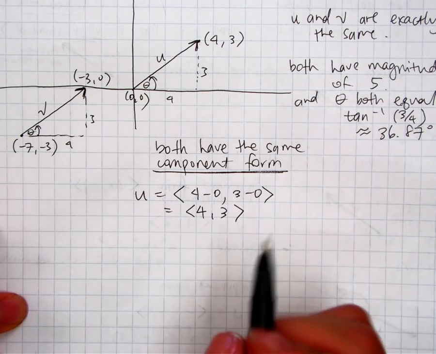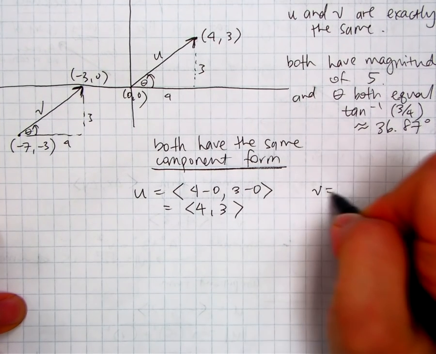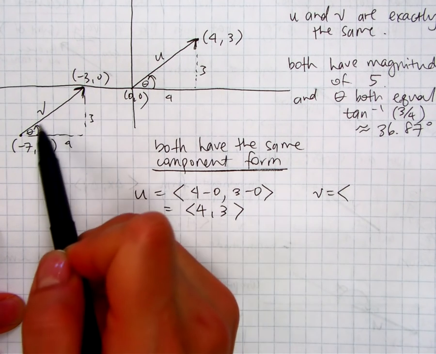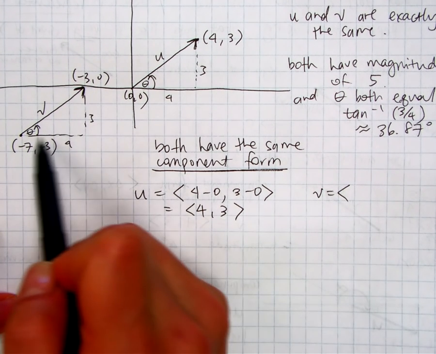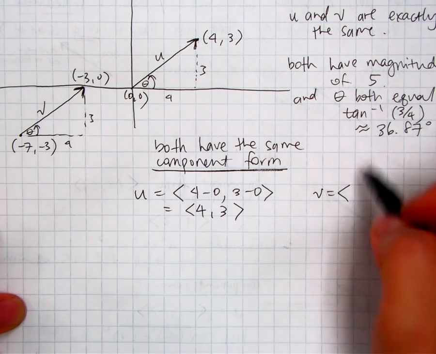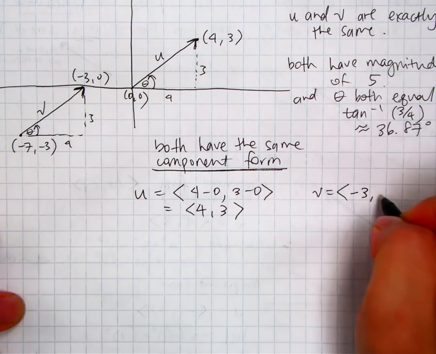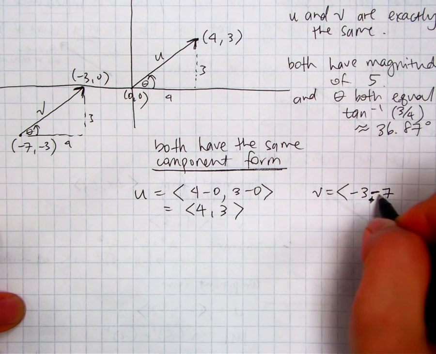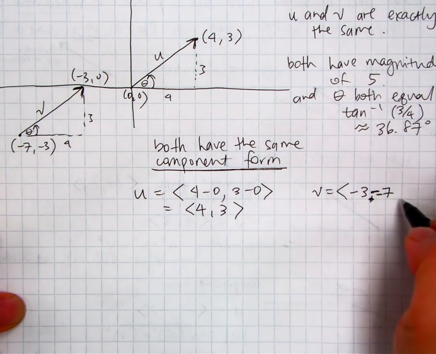So the vector v over here has the ending point, -3 minus -7 will give me the change of x. -3 minus -7, and the direction matters. Minus -7, minus -7, right?